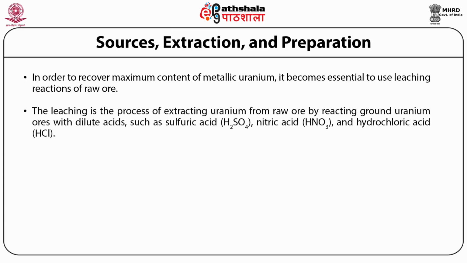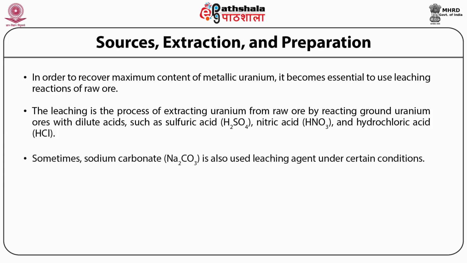Leaching is the process of extracting uranium from raw ore by reacting ground uranium ores with dilute acids such as sulfuric acid, nitric acid, and hydrochloric acid. Sometimes sodium carbonate is also used as a leaching agent under certain conditions.